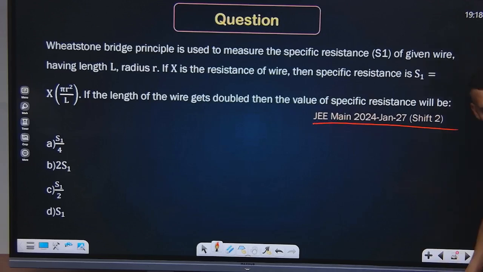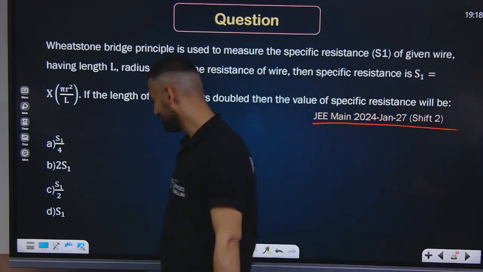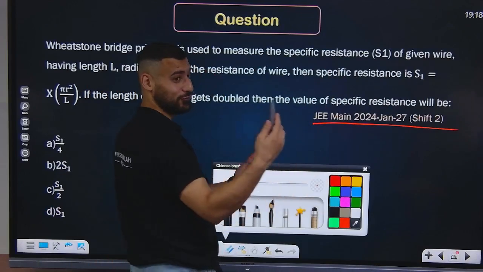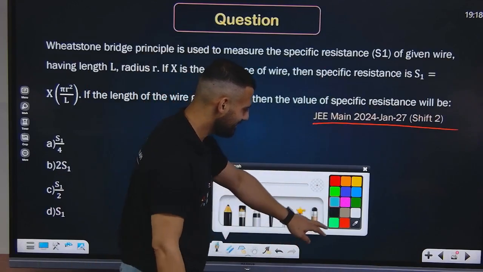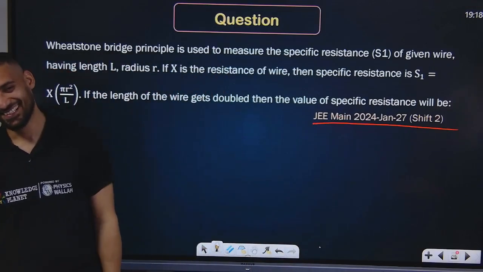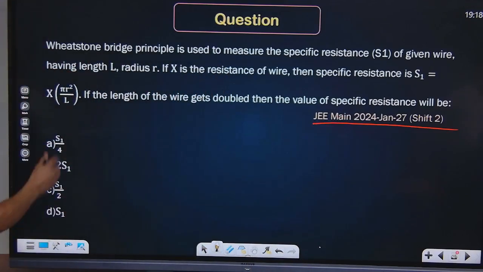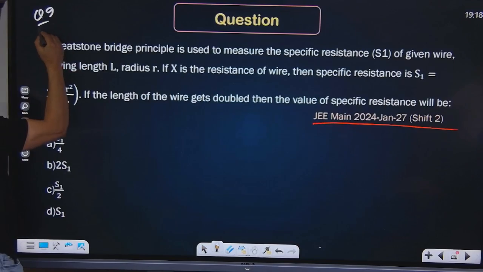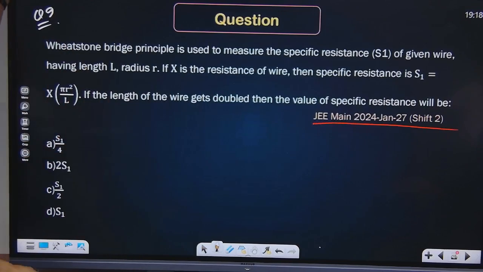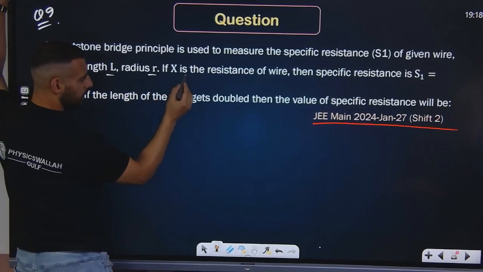JEE Main 2024 Shift 2. Okay, let's see. Afternoon is harder. Wheatstone principle is used to measure the specific resistance S1 of a given wire having length L, radius smaller.